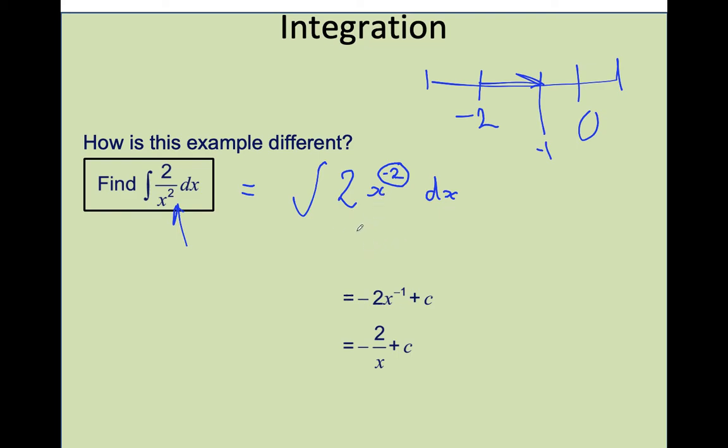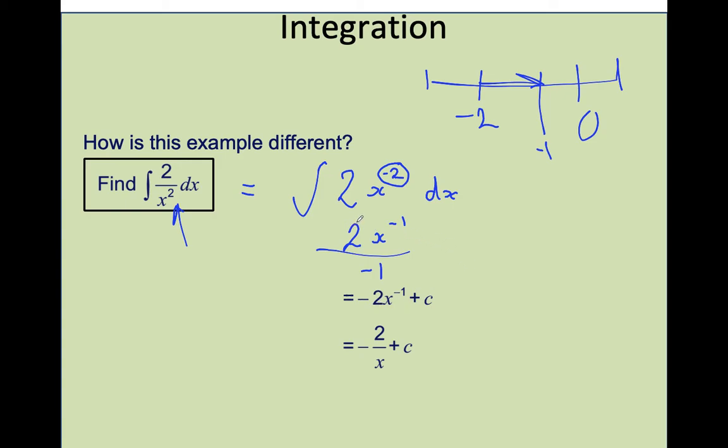So we are going to take the power, add 1 to it so it becomes minus 1. And then we're going to create a new denominator, which is we move this new power as our denominator. Now, what's happened here is they've absorbed the 2 and the minus 1 together. 2 divided by minus 1 is minus 2.